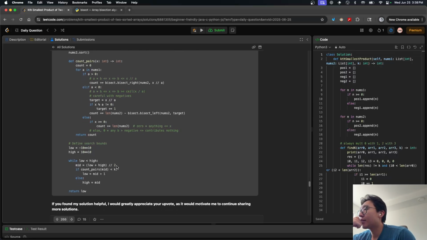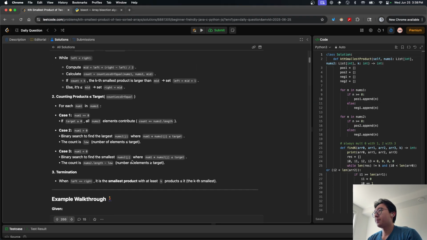If the count of pairs is less than k, what does that mean? Oh, is it the number of products? Oh, wait. Let me read this one again. The largest number in nums2 where x times nums1 is less than or equal to target. The largest num.